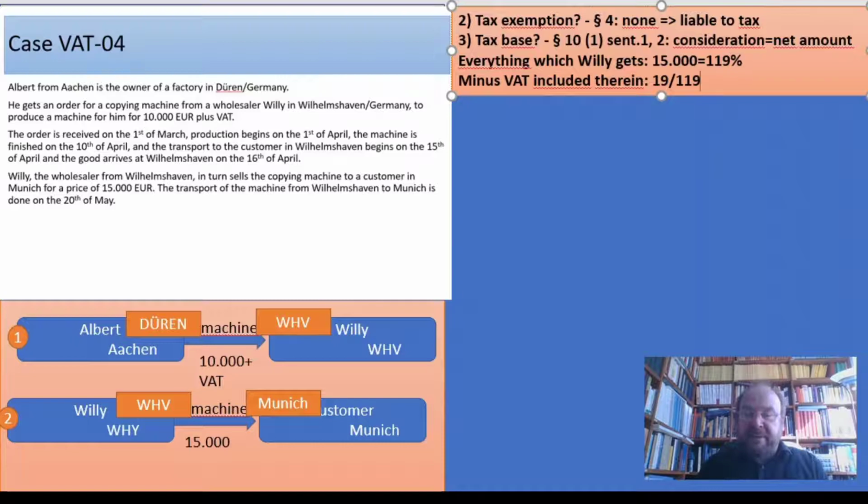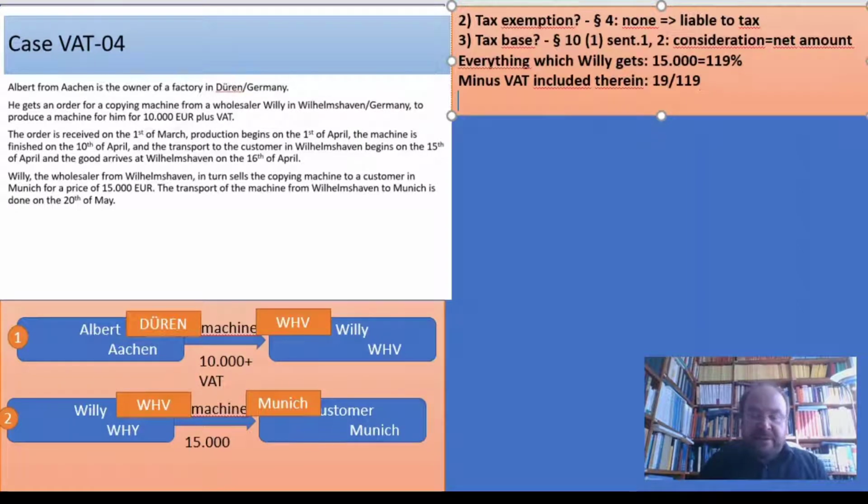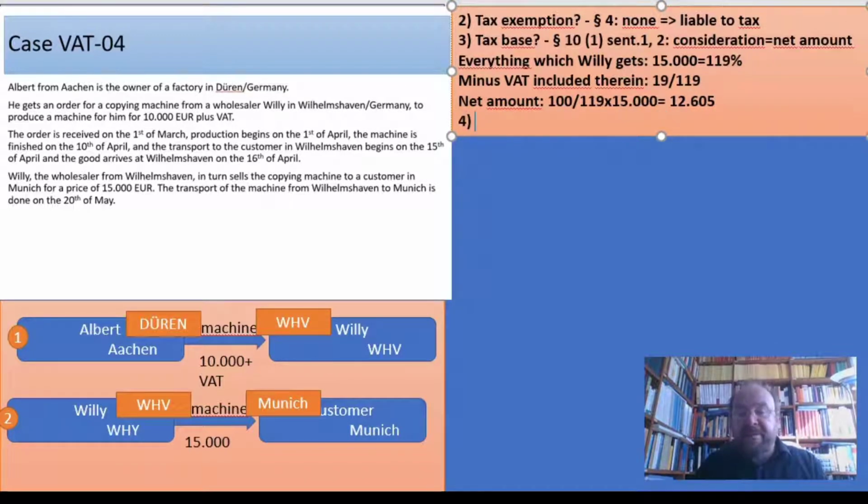And the VAT included therein is 19, so the net amount is evidently the remaining 100% out of 119% of 15,000. And now we need a calculator. Typing in is the most important competence which you should have in your job. 12,605. Hope that it's true. We will now make the test.